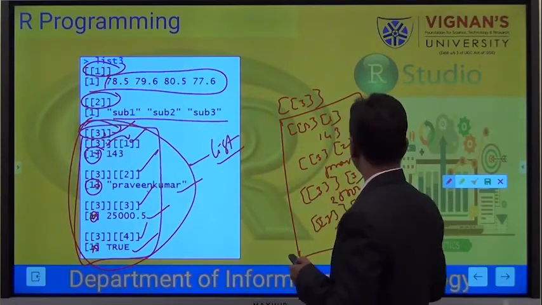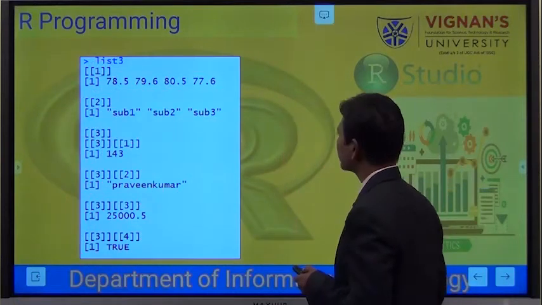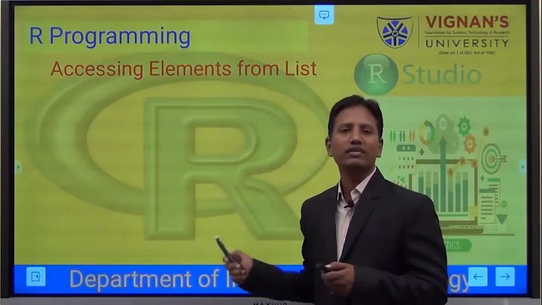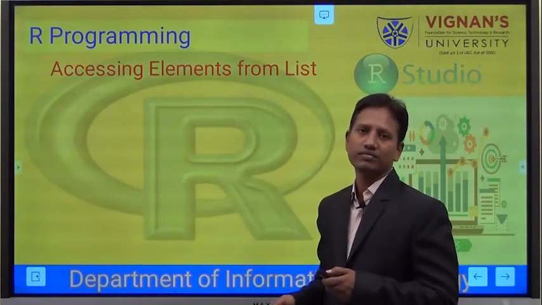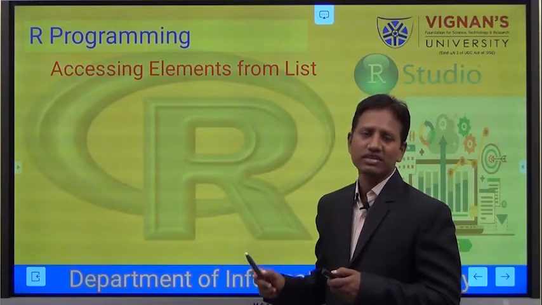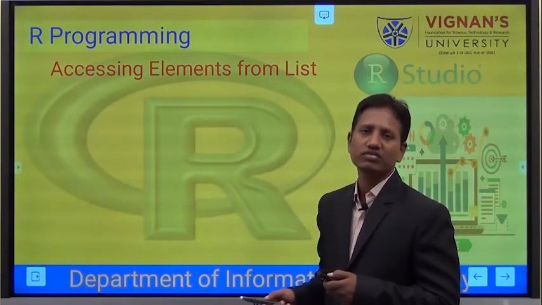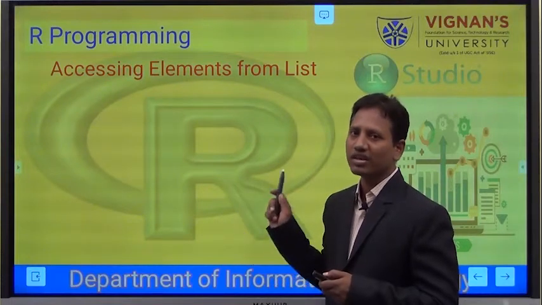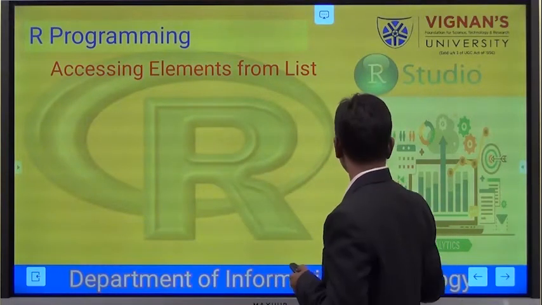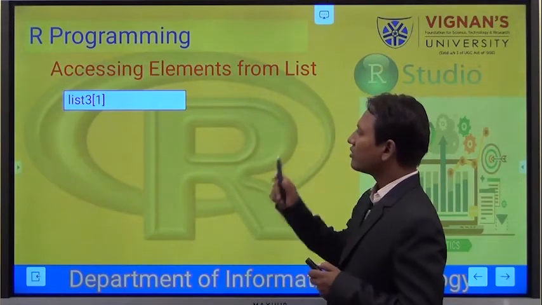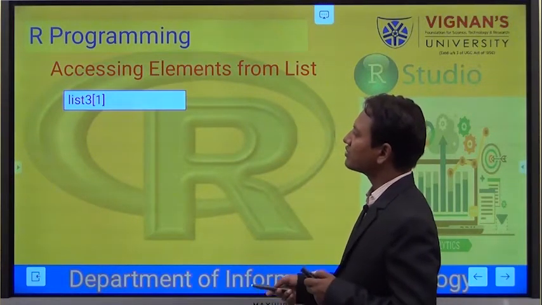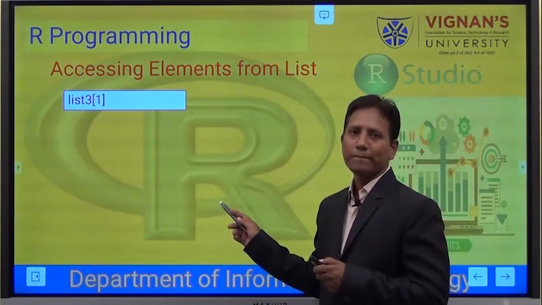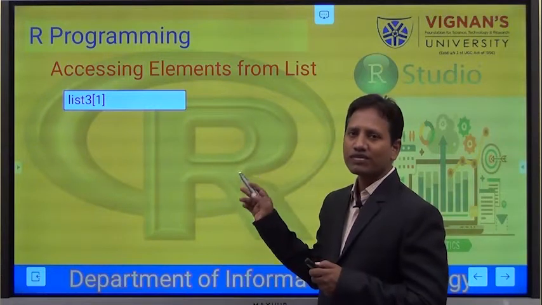Okay. So now, how to access the elements from the list? We know that indexing is the concept, and using that indexing concept we are going to access the data, and we have to see how this works in lists. So this is a command we have used. In the previous slide we have seen list 3, and what was the first item?